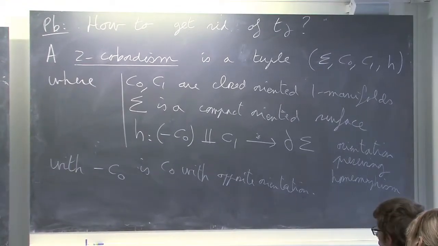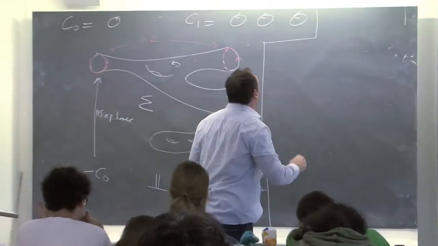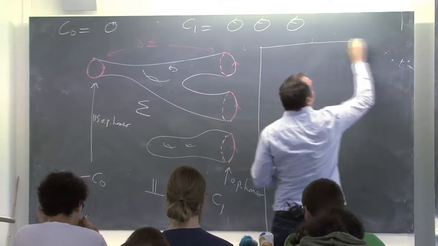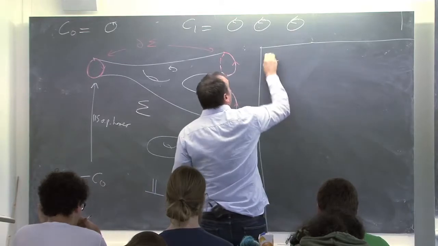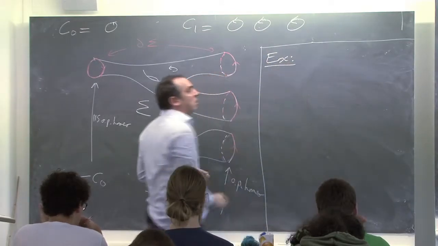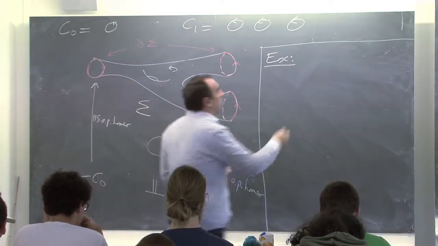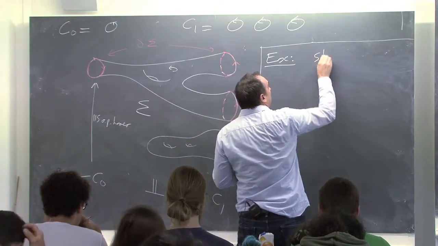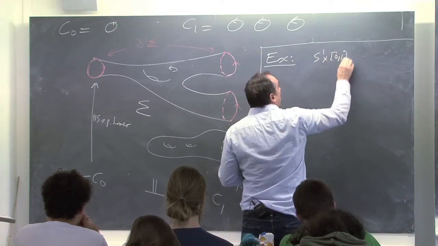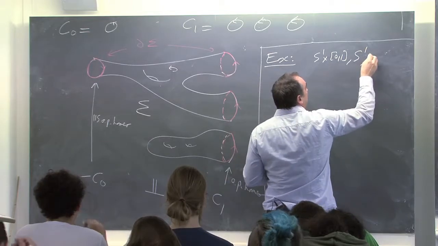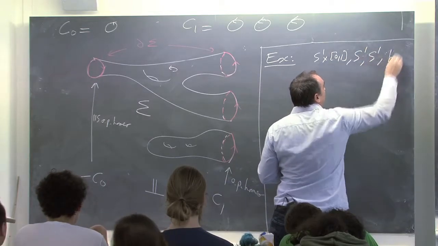So maybe you can see an example. I can take the cylinder. You can see it as a cobordism from S1 to S1.